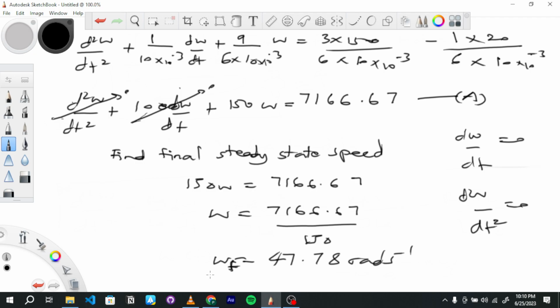Now, the second thing that you must compute is to solve the homogeneous form of the equation. What that means is equate this part to 0 and solve it like a second order homogeneous equation. We have the final steady state, so I can wipe that part off.